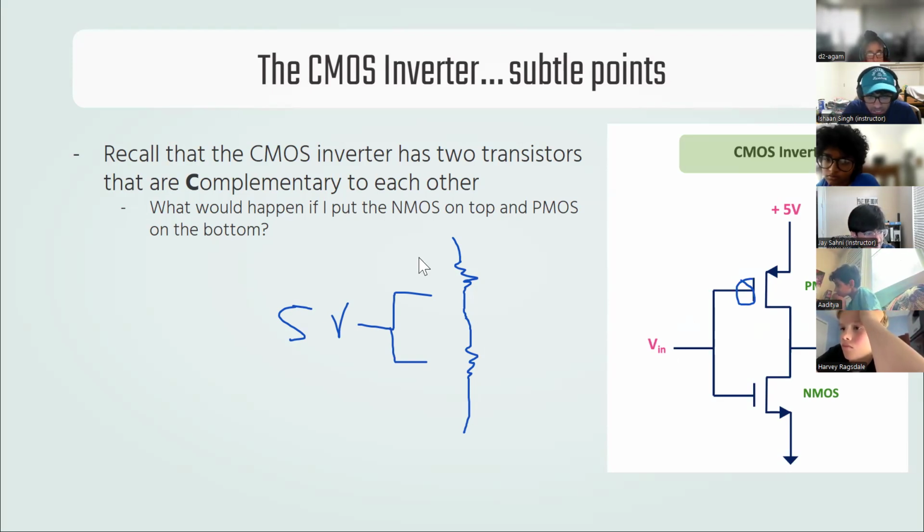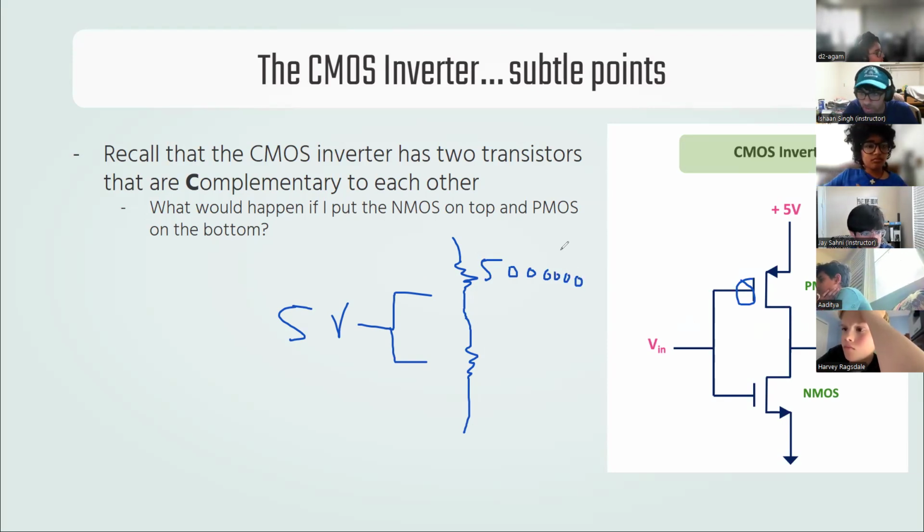Off, okay? So that means this transistor is like 5 million ohms, we'll say. And in practice, it is around that. It's about 5 million to 50 million ohms. So that means the NMOS is on, so the NMOS will be about 25 ohms, okay? You put 5 volts up here and 0 volts down here.